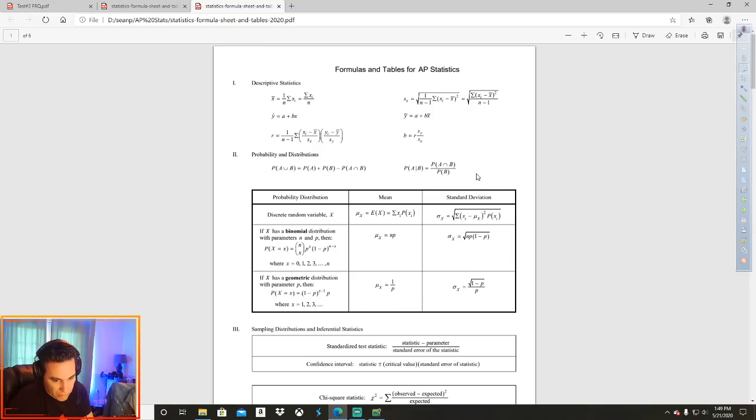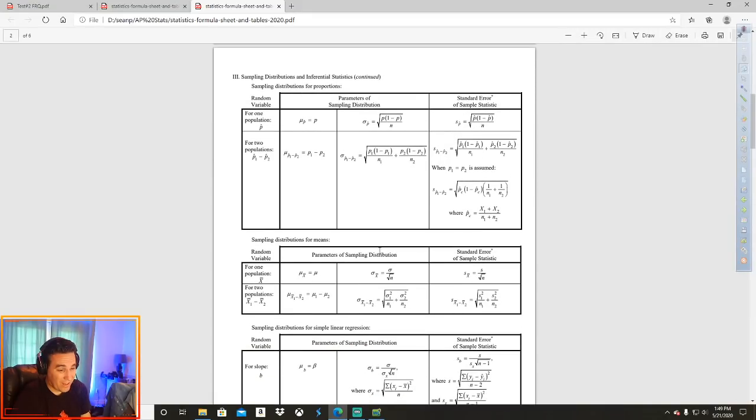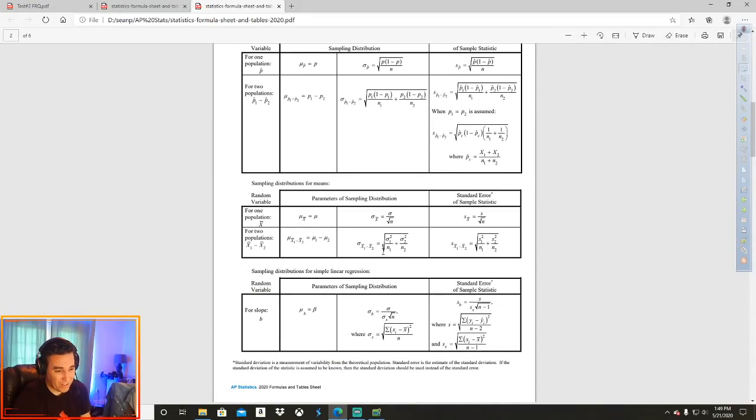For the assumptions we check for inference, I don't think you're going to have to check them. I think you're just going to have to say why you would check it. So those kinds of things. I think it's more about concepts and having a good overall understanding.